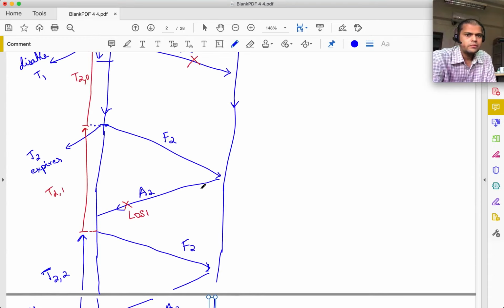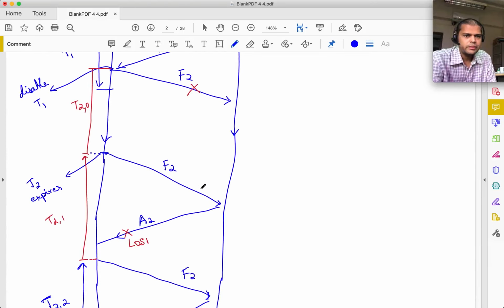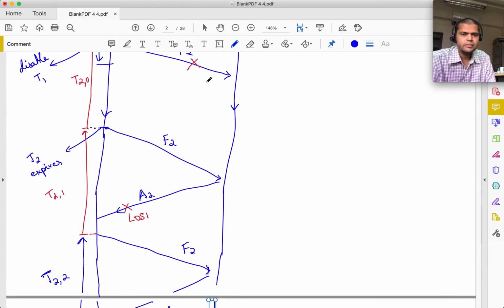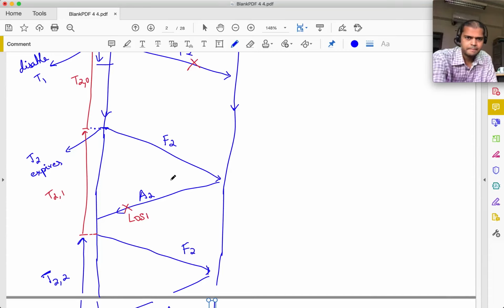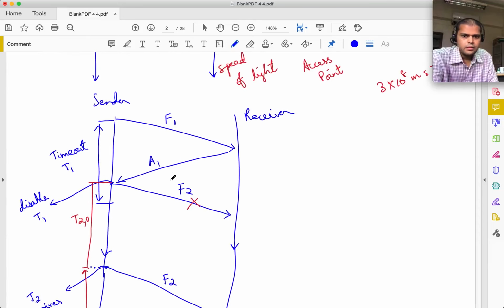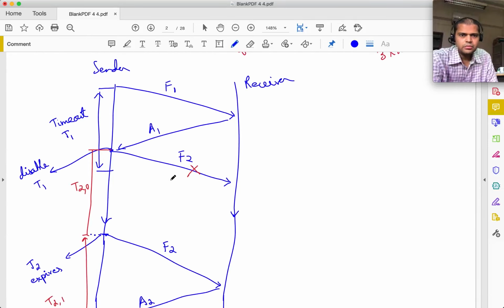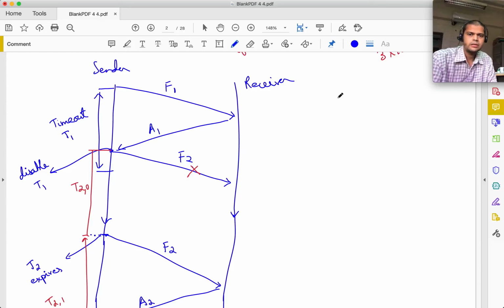So we saw that there could be cases where you resend a frame unnecessarily, even though it reached the other end, because you didn't get back an acknowledgement. You might send it again. There also could be cases where you unnecessarily send a frame just because you set the timer improperly. So let's look at that case.